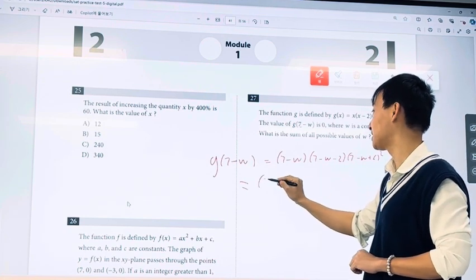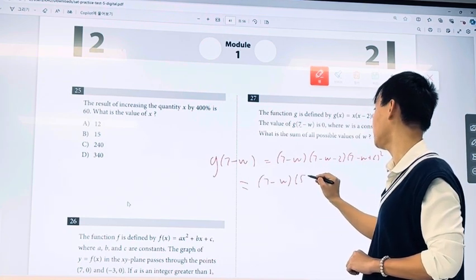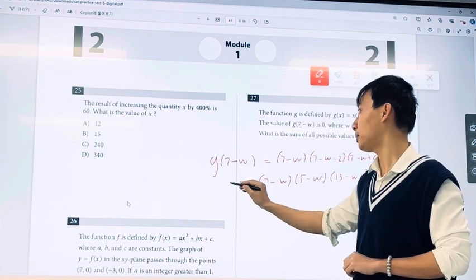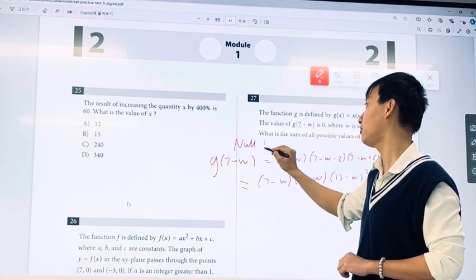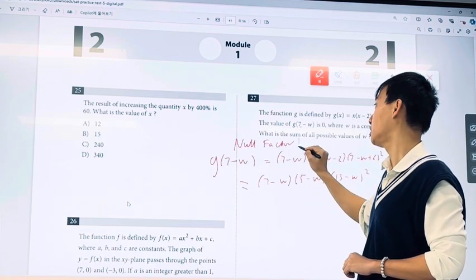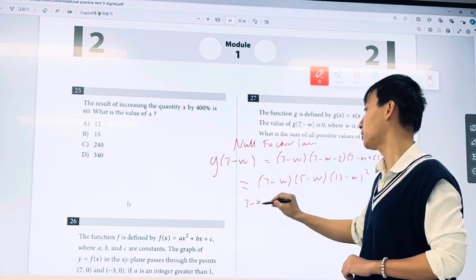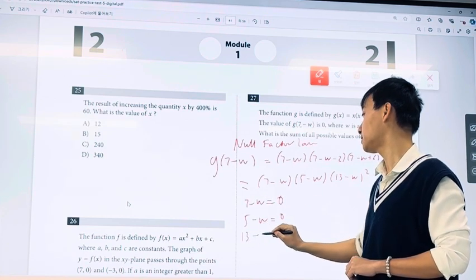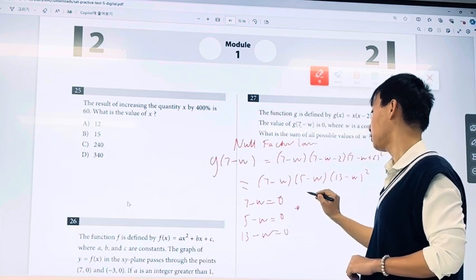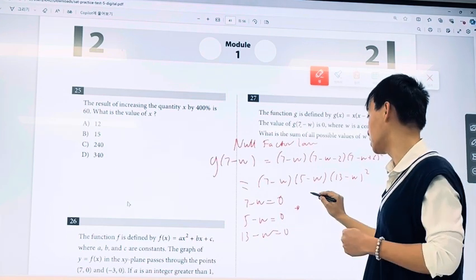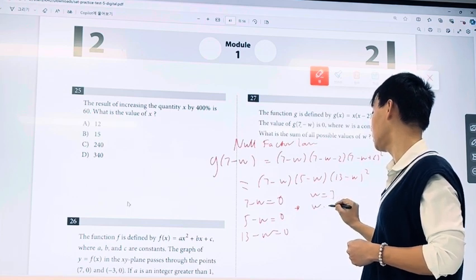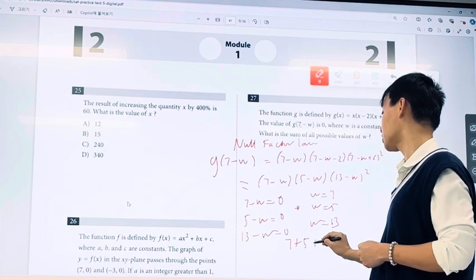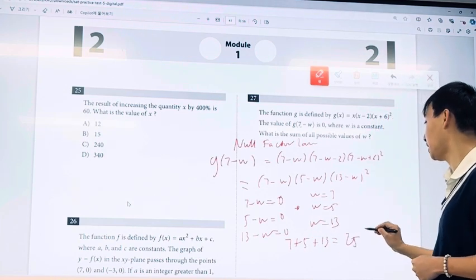It's going to be 7 minus w, 5 minus w, 13 minus w squared. We apply the zero-factor law to let 7 minus w equal 0, 5 minus w equal 0, 13 minus w equal 0. There are three possible solutions: w equals 7, w equals 5, and w equals 13. 7 plus 5 plus 13 equals 25.